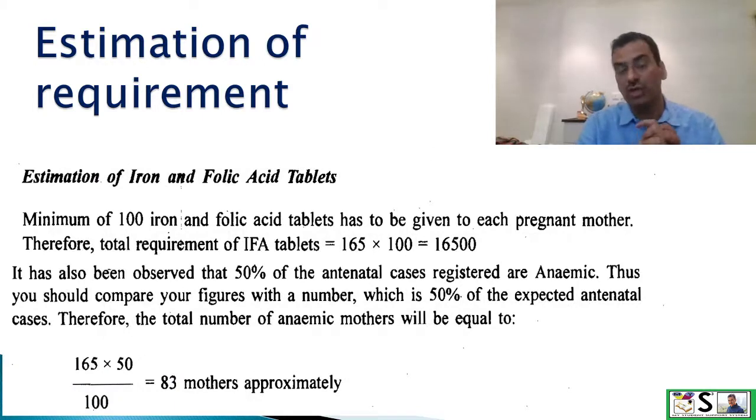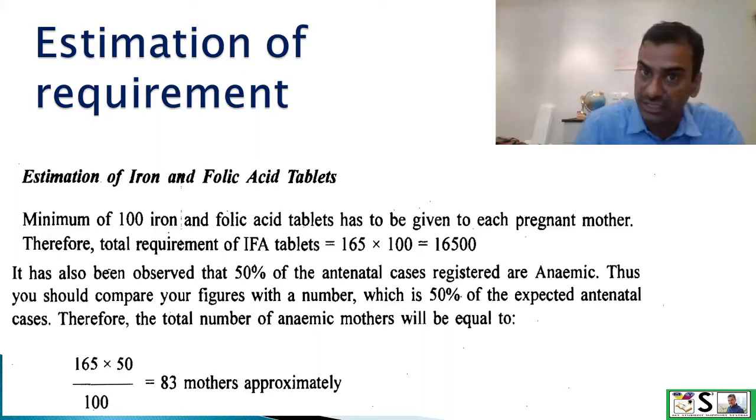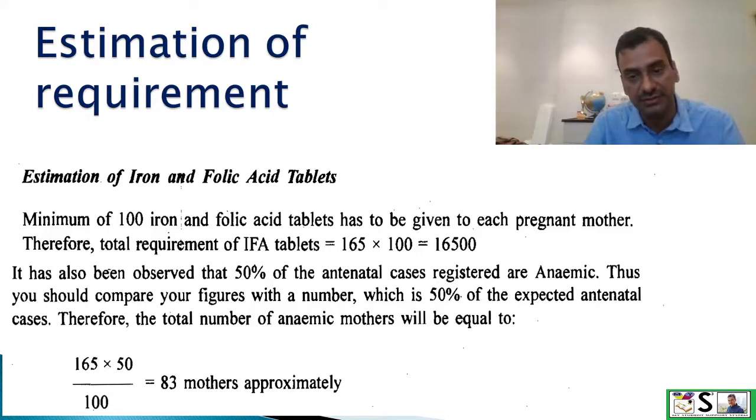In the same way, if we want to find out the iron tablet estimation, how will we find it? Here we provide a minimum of 100 iron and folic acid tablets to each pregnant mother. So we need 165 times 100, meaning 16,500 tablets. But one more point: 50% of total mothers will be anemic and they will need a double dose, meaning 200 tablets.